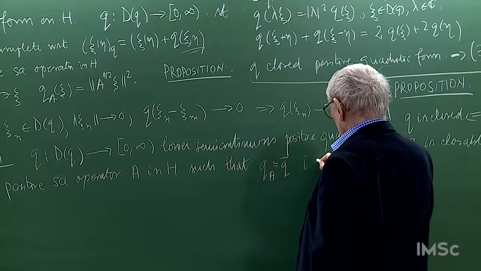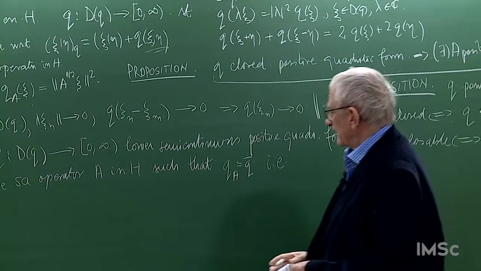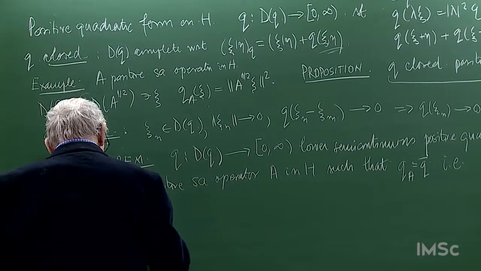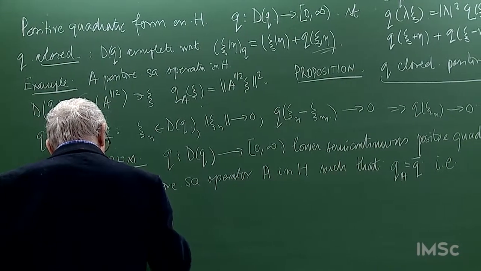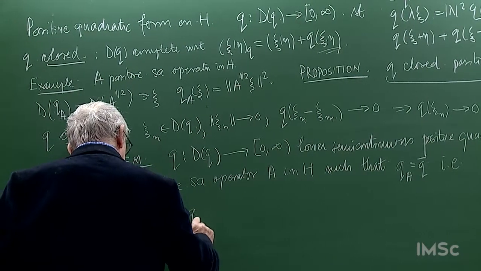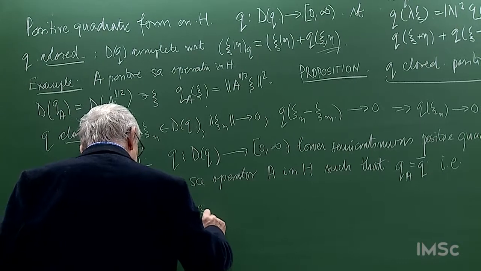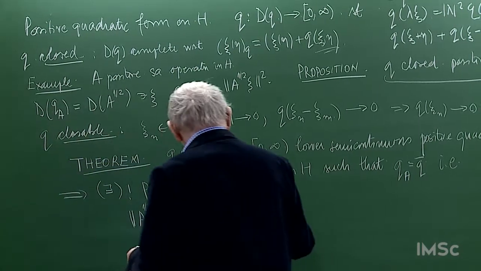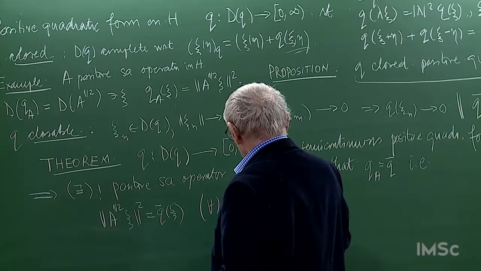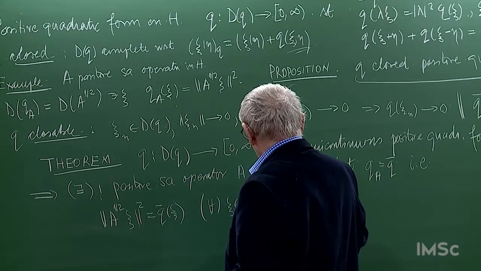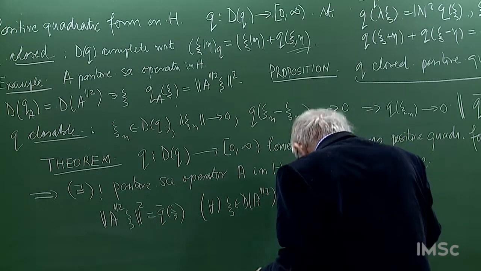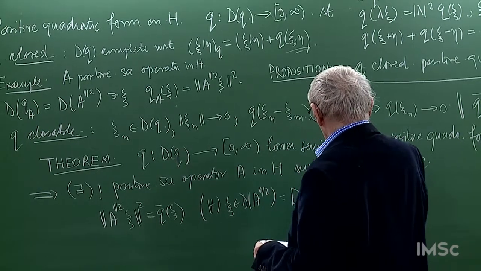That is, you have the norm squared of A^(1/2) psi equal to Q bar of psi for every psi in the domain of A^(1/2), that means in the domain of Q bar.